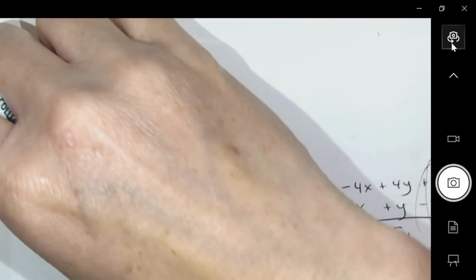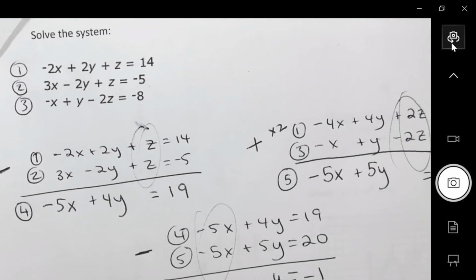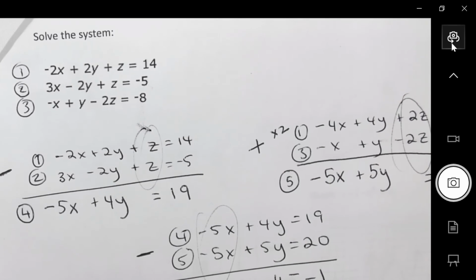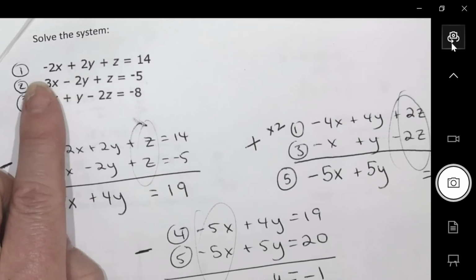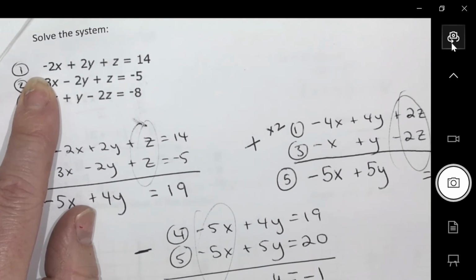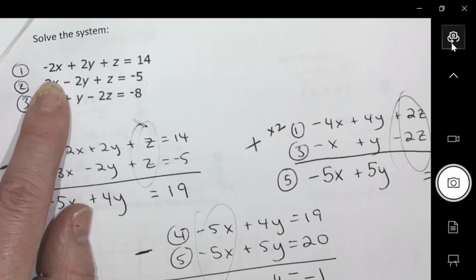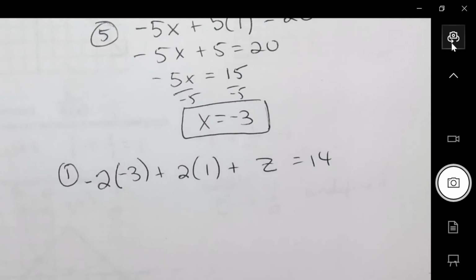So now my options are doing a 1, 2, or 3, and I'm just going to say which one maybe looks like the easier math. I don't know, nothing really stands out. Should I just pick 1? So I picked equation 1.